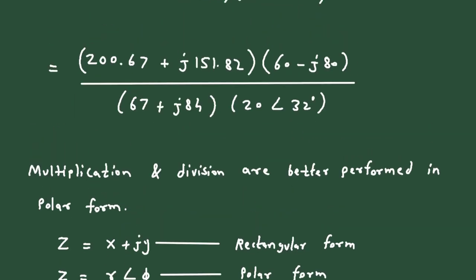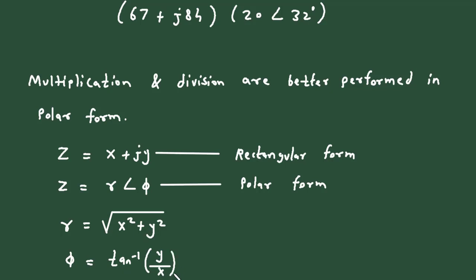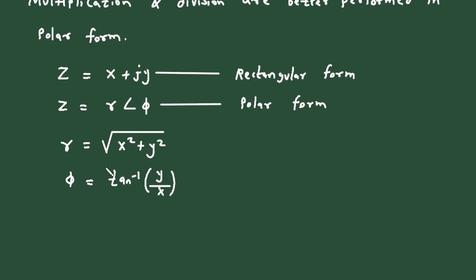So now we need to convert this rectangular to polar form. So we need the value of r, and r is equal to under root of x square plus y square, and this phi is equal to tan inverse of y by x. And also remember that when the real part of this rectangular form is negative, that time we add 180 here.